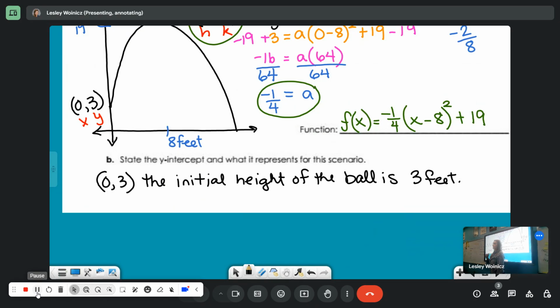Yeah, it's a vertical compression by 1/4. Okay, what about the 8? Shifted right 8 units. Okay, what about the plus 19? Yeah, shifts up 19. Is it enough to just say up 19 or do you have to say shifts? Okay, you gotta say shifts.